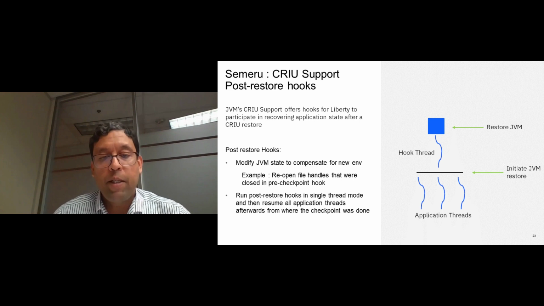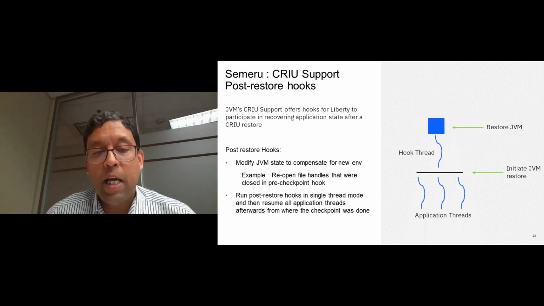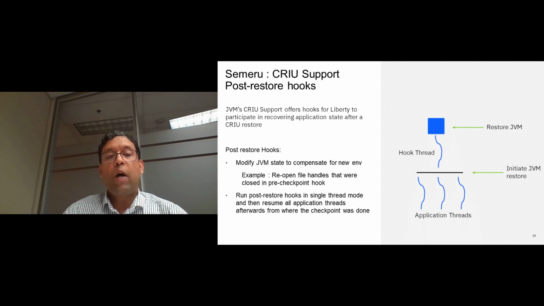All of that happens in single-threaded mode. And then we let the other application threads run. At that point, Liberty gets back to the task of running the application. And one example of a task we could do in the post-restore hook could be to reopen one of those file handles that we closed and I talked about in the pre-checkpoint hook.